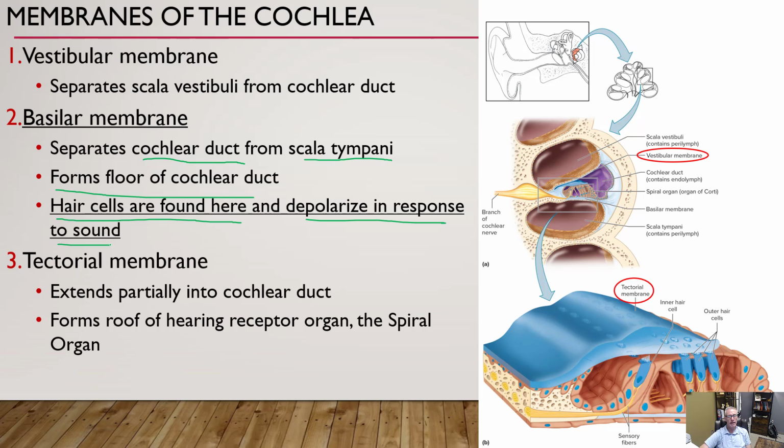So we had hair cells in our olfaction. We also have hair cells in our hearing as well. And then our tectorial membrane, we're not really going to talk about our tectorial membrane.